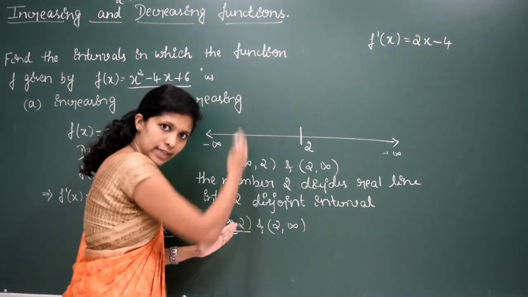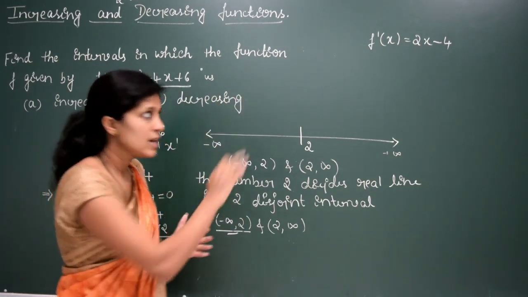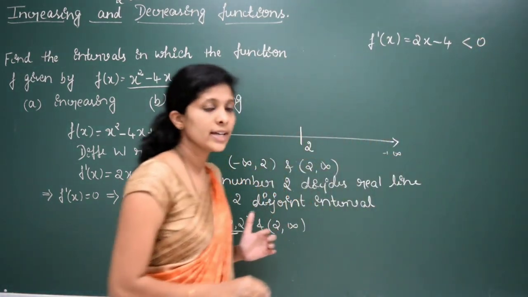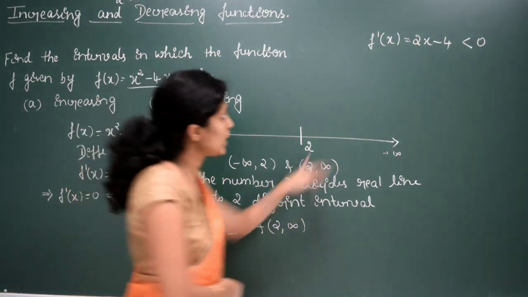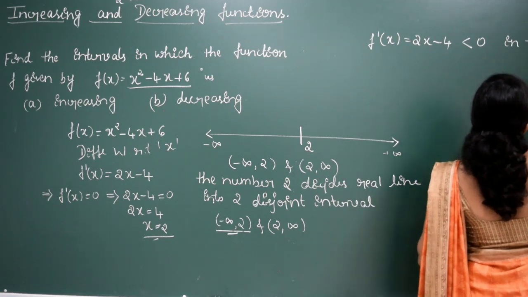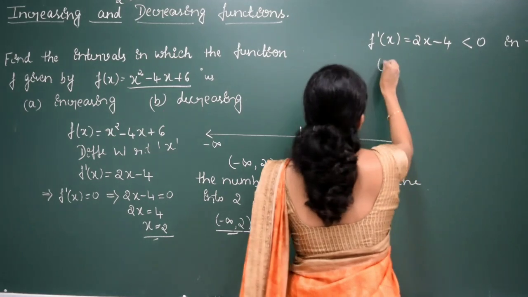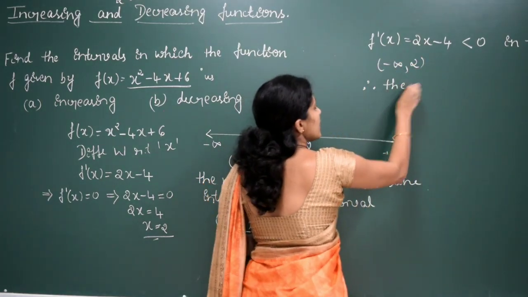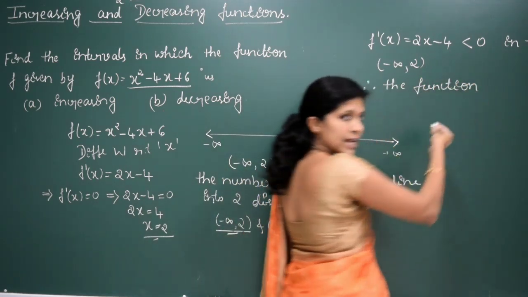Then the value of x should be less than 2, and obviously you will get a negative value. Is it clear? So f dash of x will be less than 0 in the interval minus infinity to 2. F dash of x less than 0 means the function is decreasing, right?